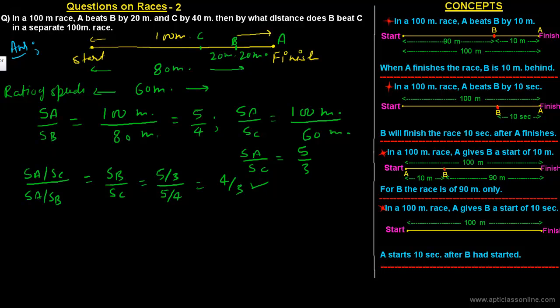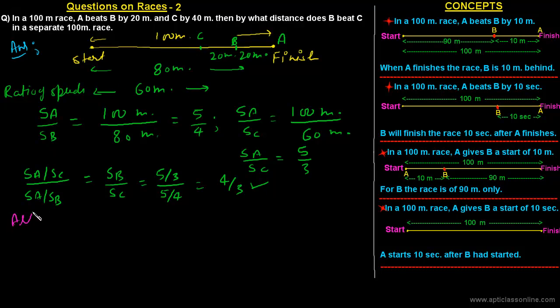We can also get this SB by SC directly from this statement. When A finishes the race, in the same time B is 20 meter behind. That means B has traveled only 80 meter, and in the same time C has traveled only 60 meter.